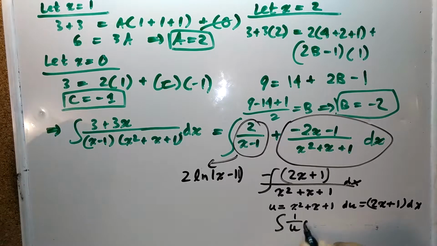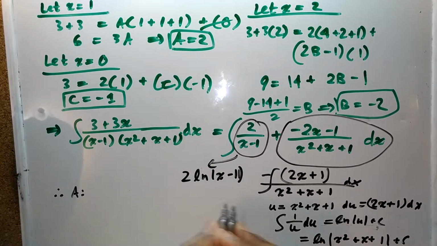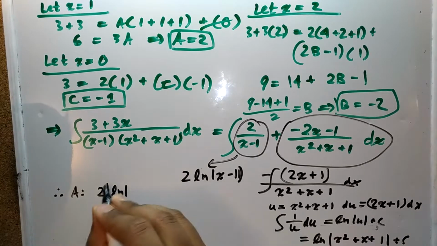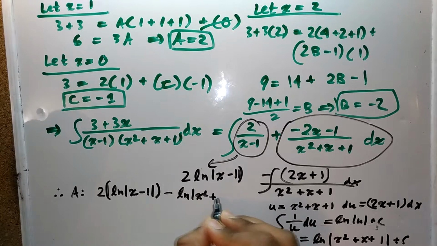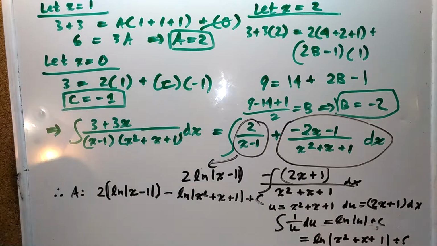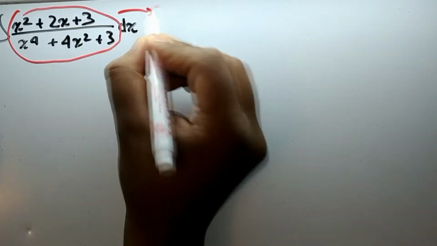So we're just going to get ln u. Plug in the u again, it's going to be x squared plus x plus 1, and therefore the original integral is just going to be 2 times ln|x minus 1| minus ln(x squared plus x plus 1) plus c.